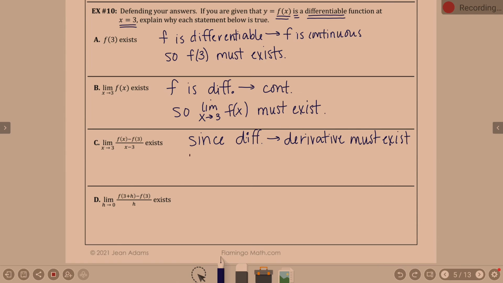And this is the alternate definition of derivative. Sorry, lots of writing here. I'm doing a lot of shorthanding. You can figure it out though, right?